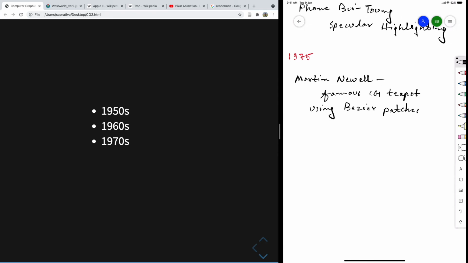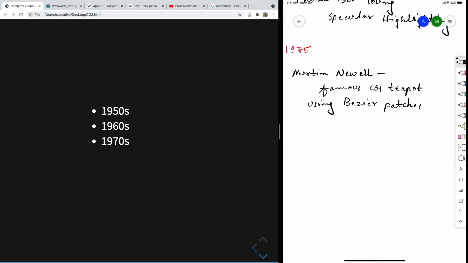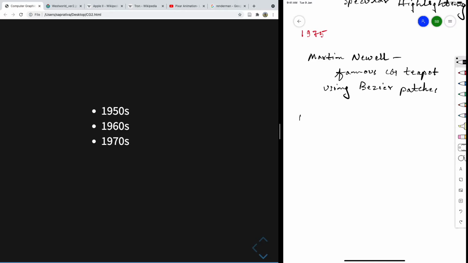And one more person named Benoit. He developed fractal or fractional dimension.